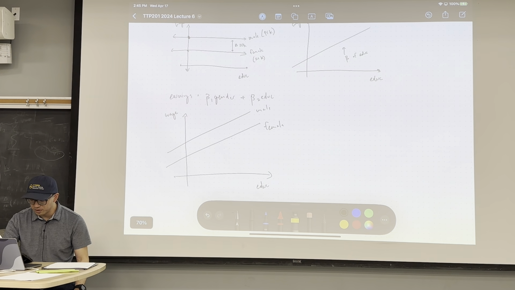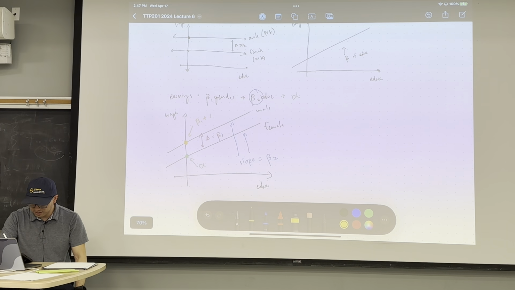Beta 1. Yes, exactly. So this difference is equal to beta 1. And in fact, if I had an intercept, alpha, that would be this thing, and then this value here would be beta 1 plus alpha.